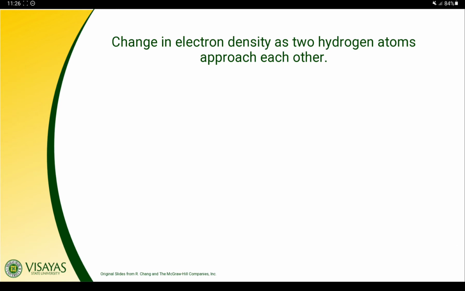Here is another picture of two hydrogen atoms as they approach each other. We have our electron cloud, by the way. The red here are our electrons. As they approach each other, the electron feels the nucleus of the other atom, so it is now attracted to the nucleus of the other atom.